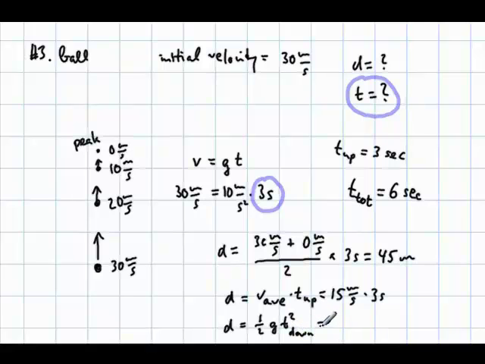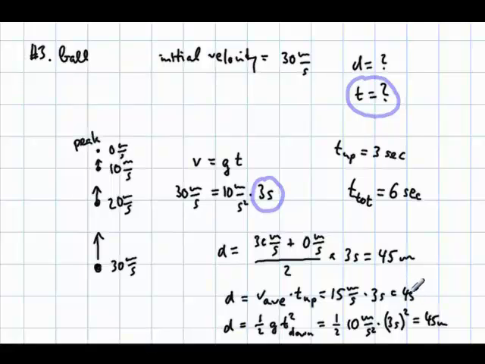Again, this is by symmetry, so 1/2 times 10 meters per second squared times 3 seconds squared. 1/2 times 10 is 5, times 3 squared, which is 9, which is going to be again 45 meters, and I guess I will write that down there, 45 meters.